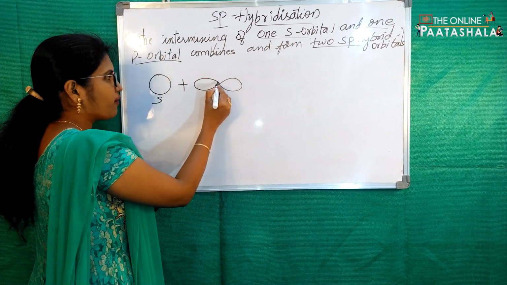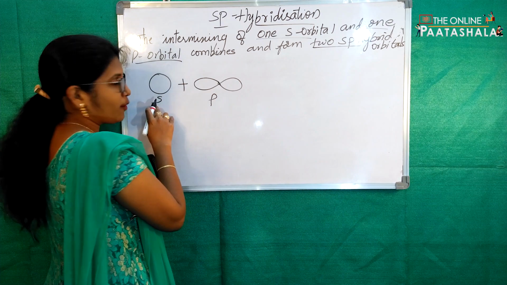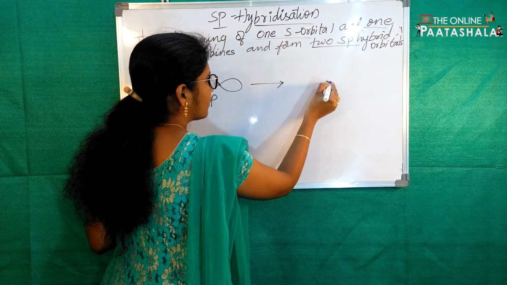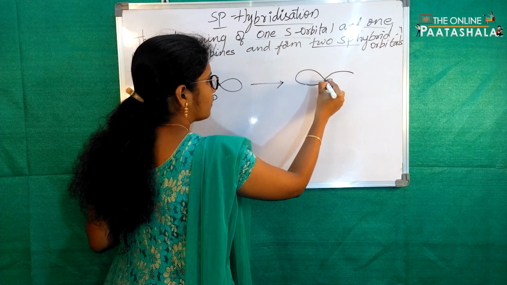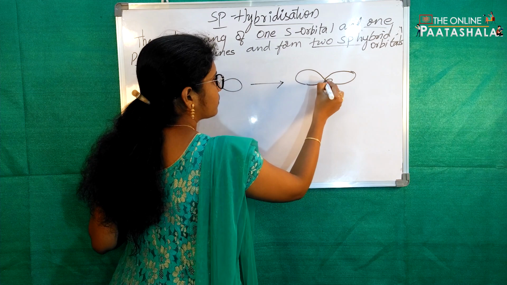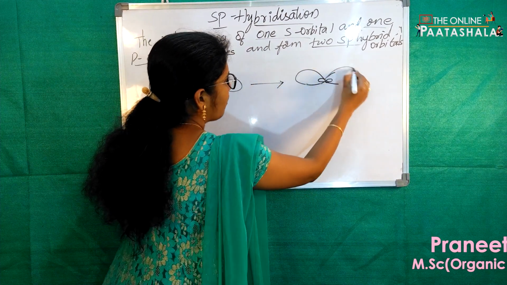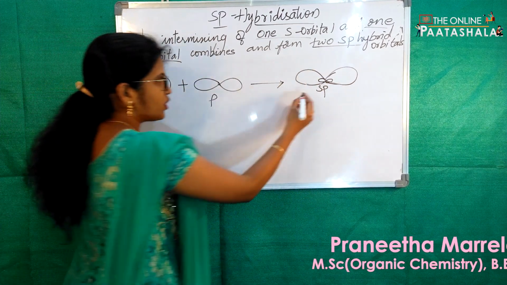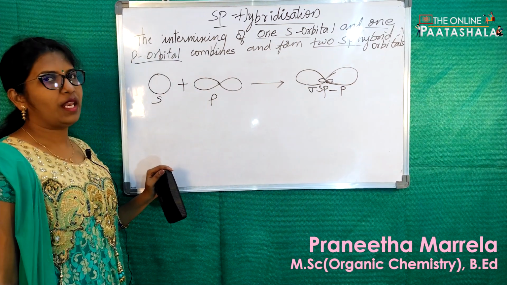Dumbbell. What is the shape of s orbital? Spherical. This one s orbital and one p orbital combine to form sp hybridization. You will call this sigma sp p overlapping.